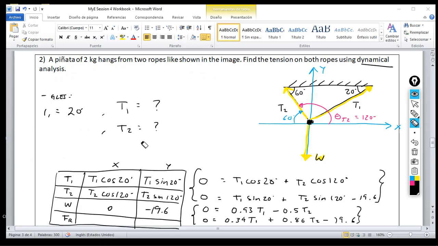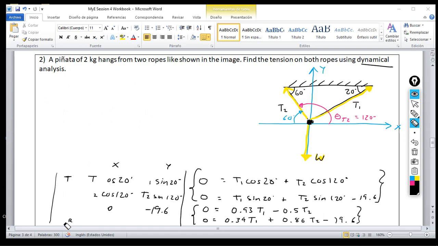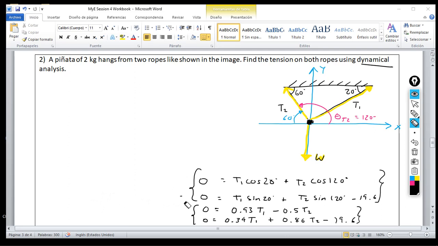That's all I wanted. So I can erase everything. And now all that remains to be done is solving the system of two equations.